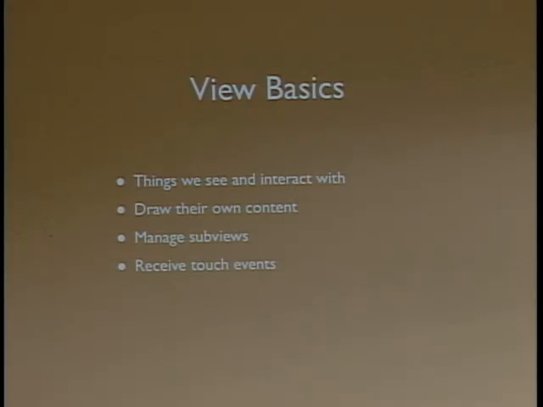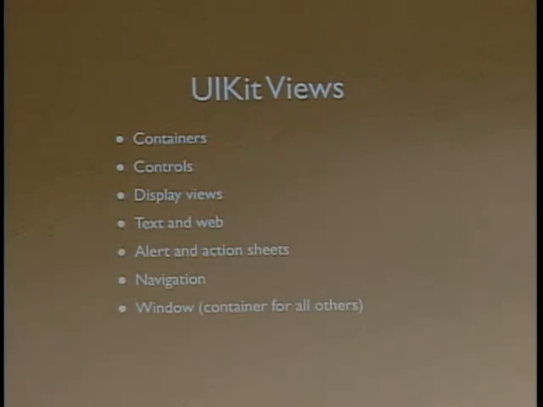Views are set up in a hierarchical structure where a view can have children or subviews, and the fact that we can interact with them means that somehow these views receive events and know that we've poked at them, slid across them, or done something to them. The views that we've been dealing with are from UIKit, the part of Cocoa Touch that deals with views.